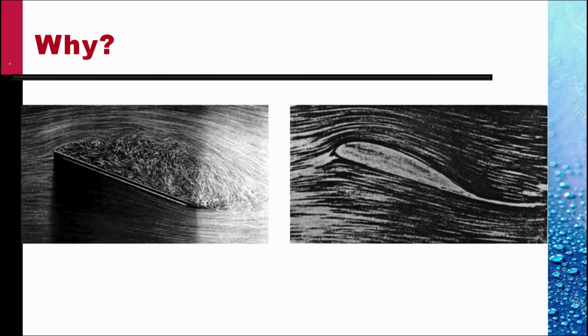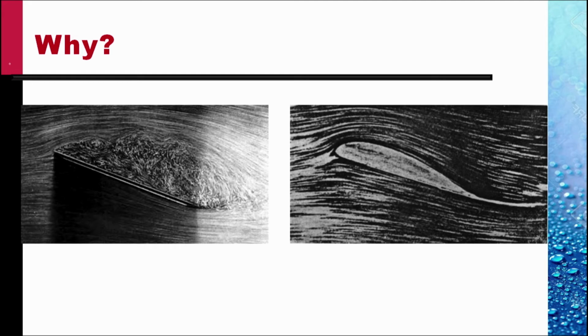The first picture on the left shows a flat plate. The flow separates right at the nose, producing a thick wake. This thick wake results in comparatively large drag and not so high lift.